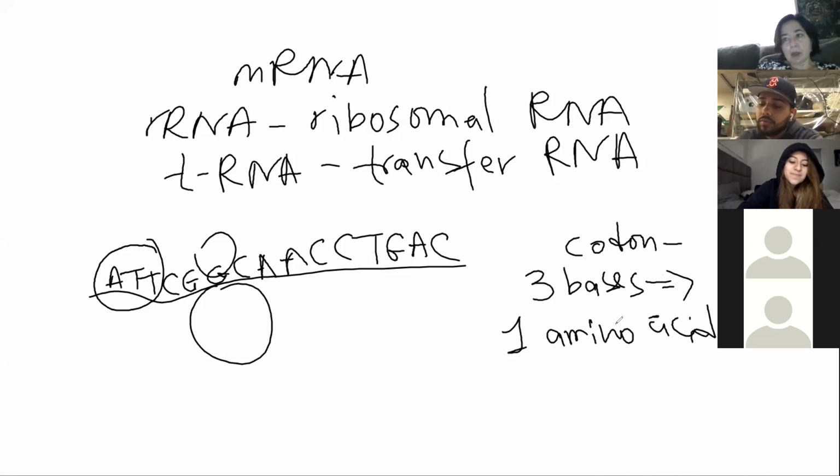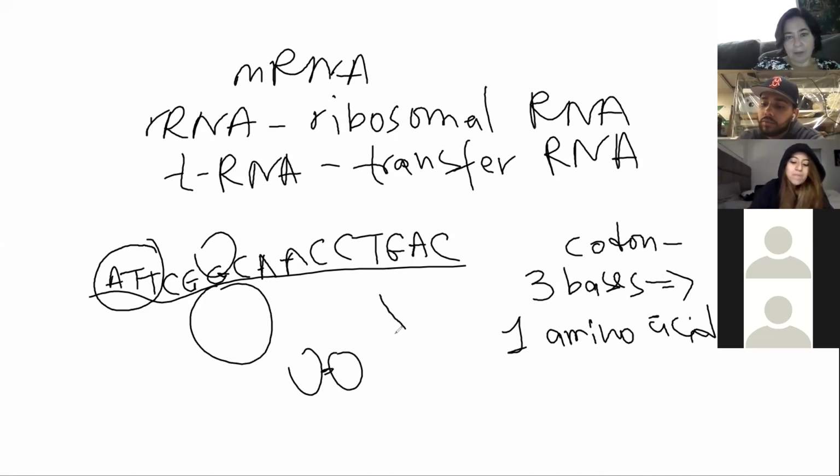So ribosomes on their own can't do much. What ribosomes can do is connect one amino acid to another. But these amino acids are delivered to ribosomes by tRNA. So tRNA is a special transfer RNA.